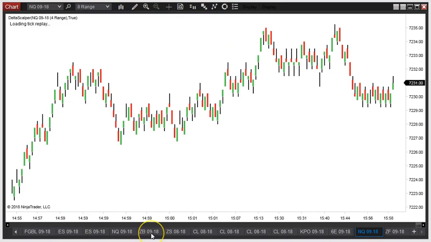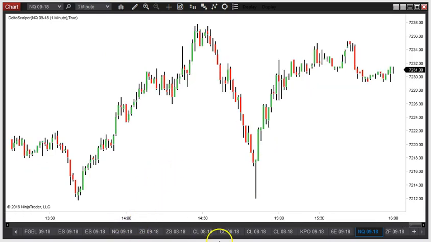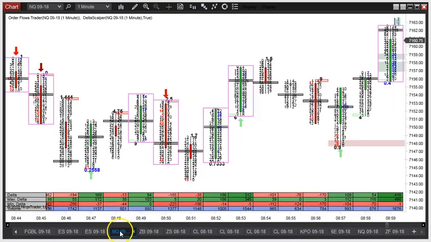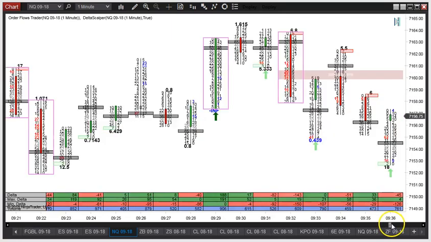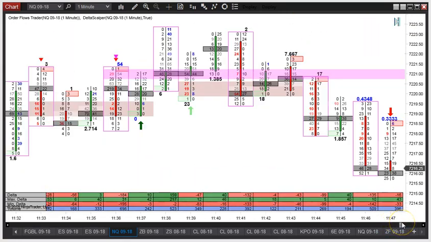I was looking at a 1-minute chart. Give it a second here. See if it's come up yet. So this is the 1 minute chart here. Can't remember where it was here on the 1 minute.